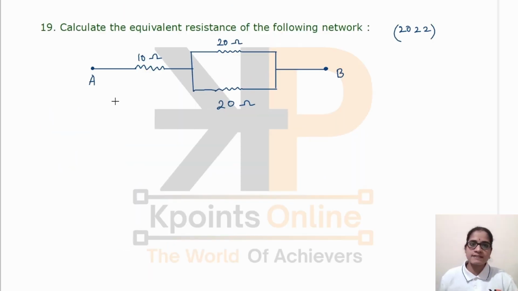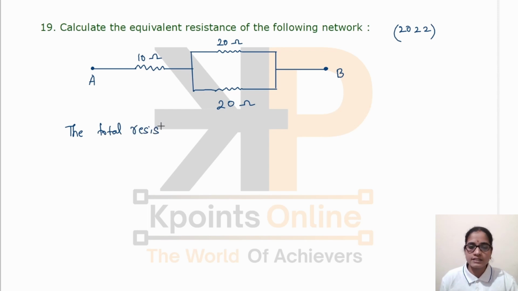The next question is: calculate the equivalent resistance of the following network. Here these two resistors are connected in parallel and this system of resistors is connected in series with this resistor. First let us find out the equivalent resistance of these two resistors.